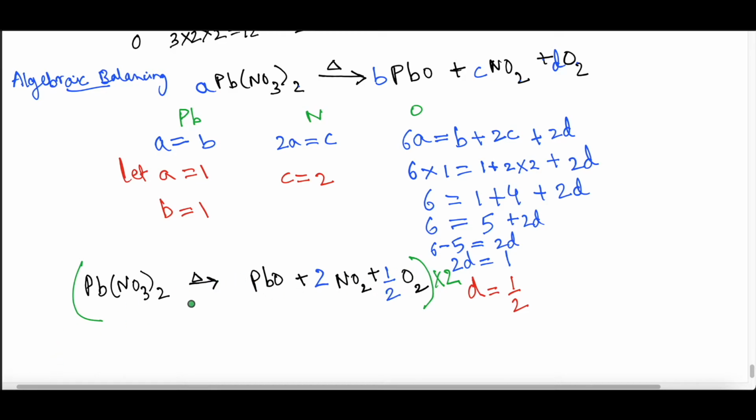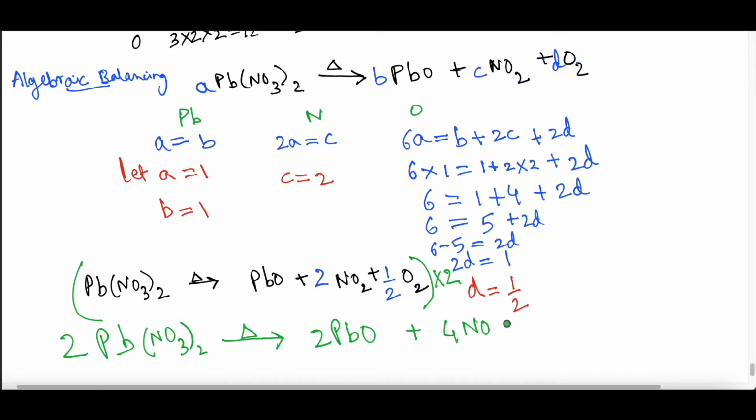So our final equation will become 2 Pb(NO3)2 upon heating gives 2 PbO plus 2 times 2, that is 4 NO2, plus the denominator 2 and the numerator 2 get cancelled and we get 1 O2. Now this is the balanced chemical equation.